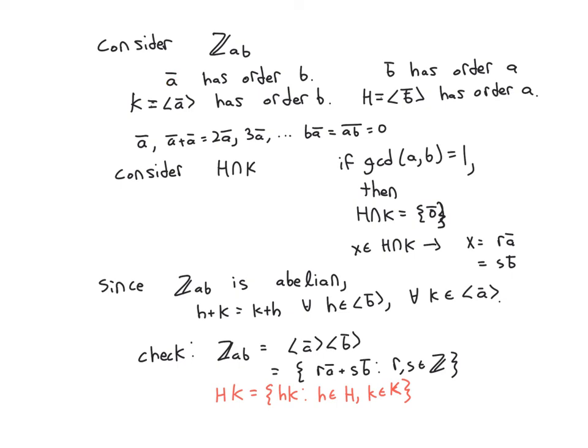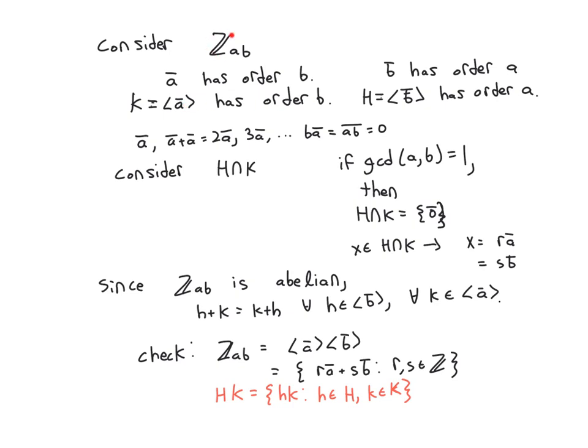So A has order B. Likewise, the element B, by the same logic, has order A. In the integers modulo n, if you take any divisor d of n, the element d has order n over d. In particular, the cyclic subgroup generated by B has order A, and the cyclic subgroup generated by A has order B.